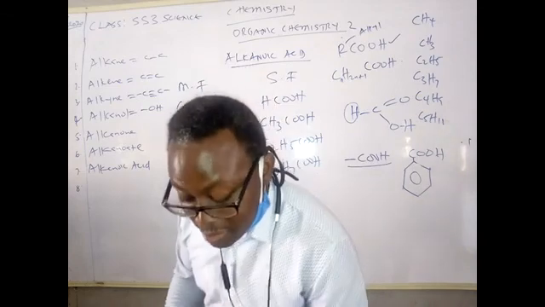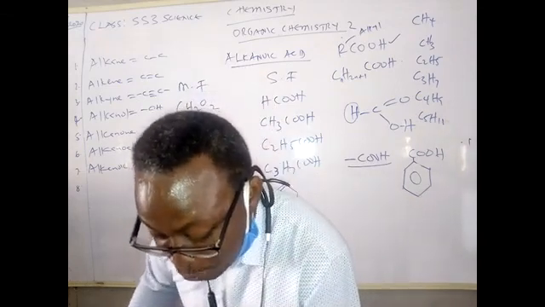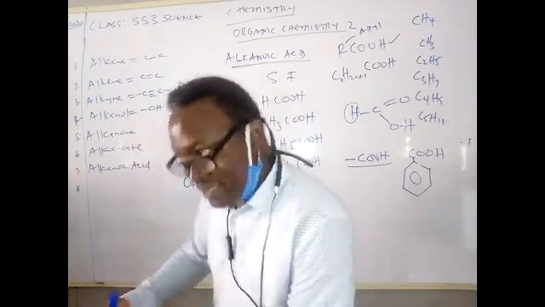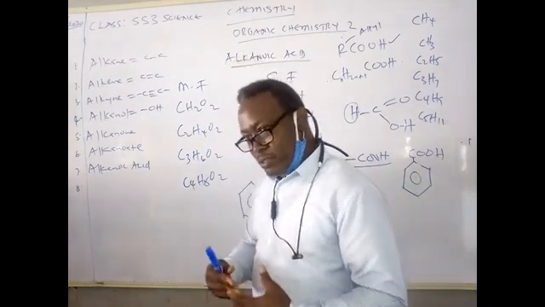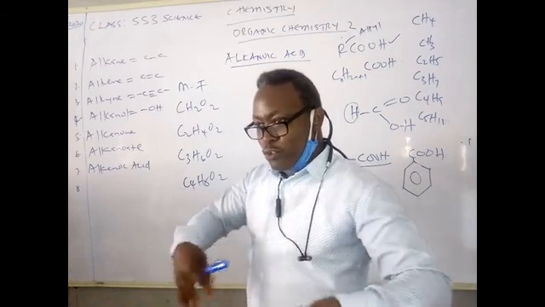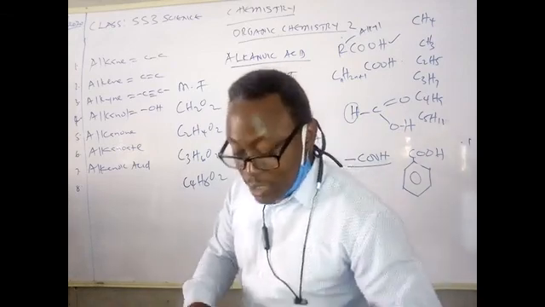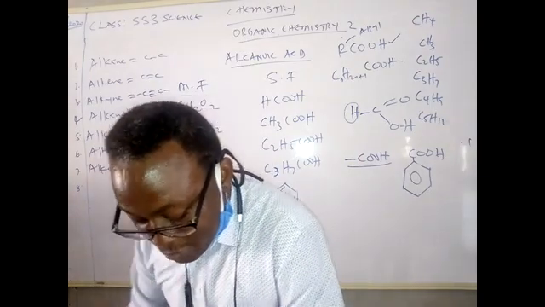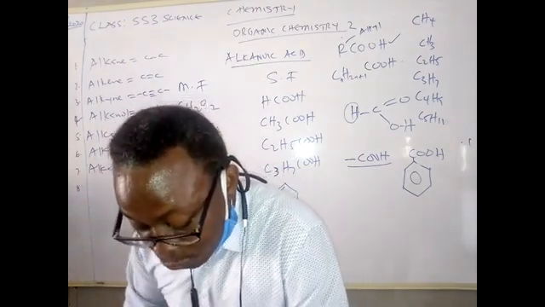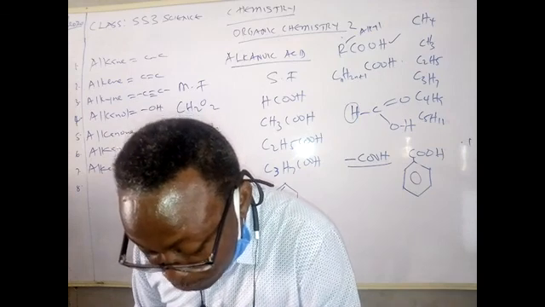Even though hydrogen bonds are weak bonds, because you have so many of them between these molecules, it will be difficult for them to break. So you need a higher temperature for it to break into vapor.